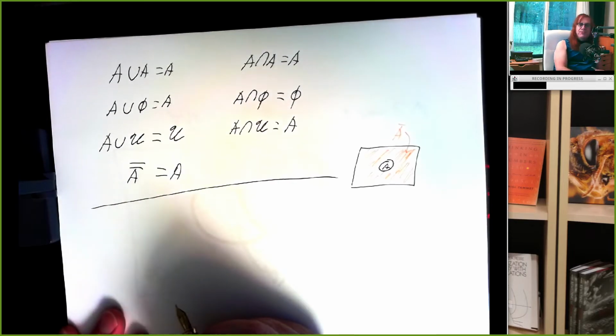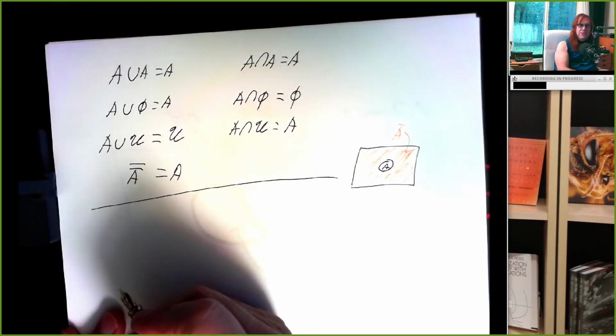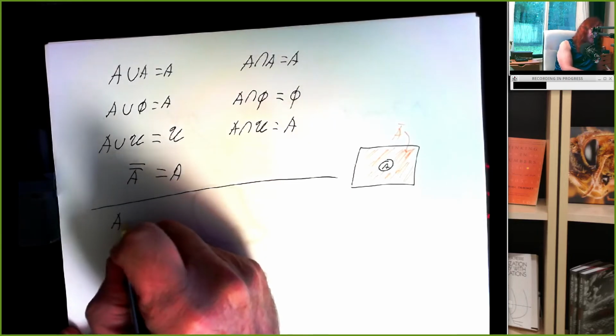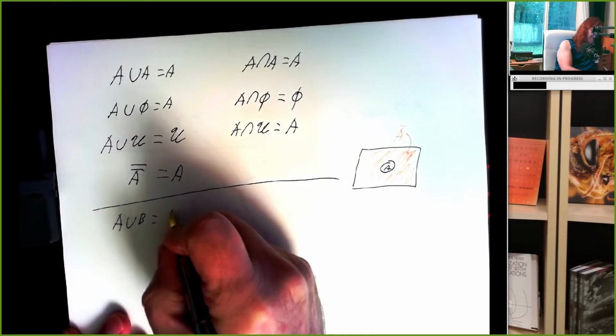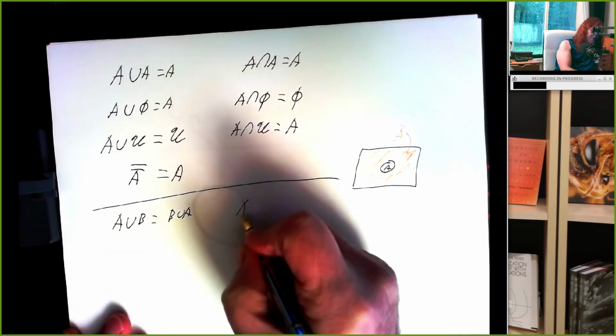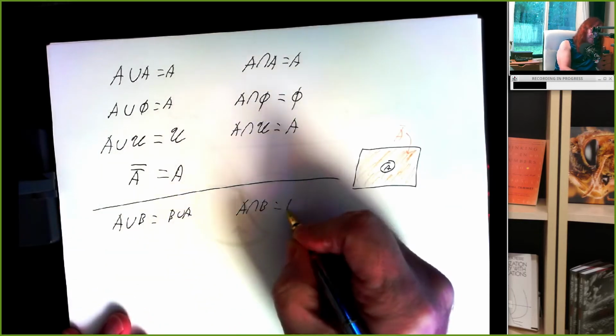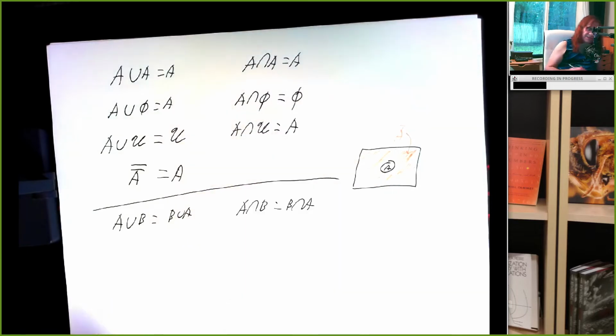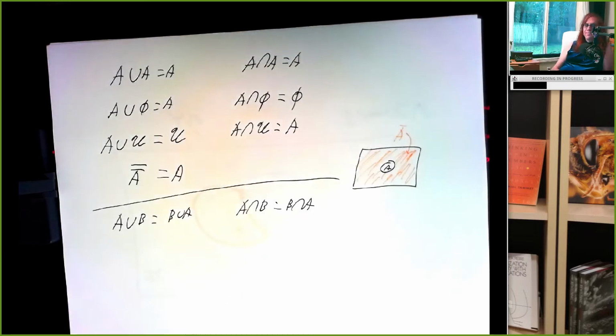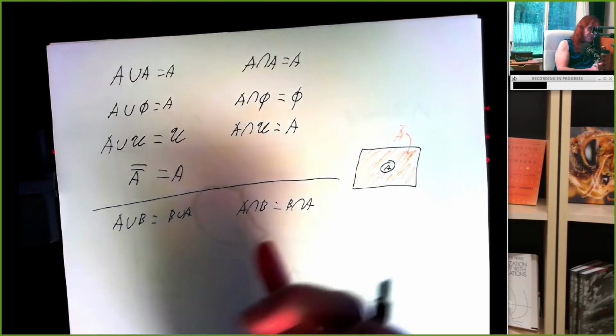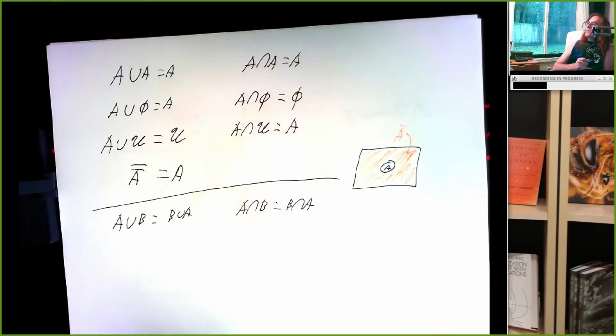So we can continue writing identities, things that are always true about sets, and this is going to start to look even more familiar. So for example, A union B equals B union A, and A intersect B equals B intersect A. That's a property called commutativity. And we can say that ORs commute, unions commute, intersections commute.